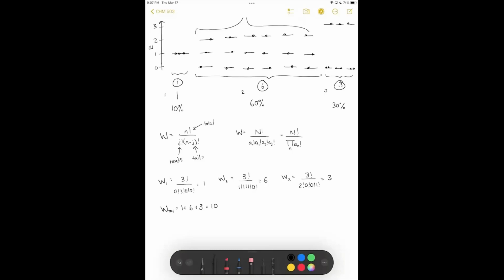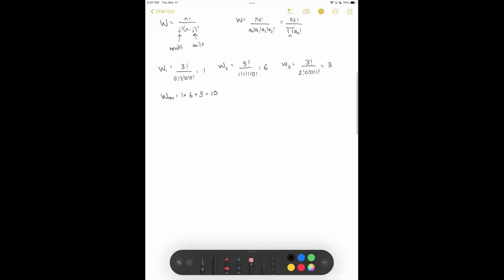How can we define the dominant distribution? What we need to do is simply find the peak of the probability distribution function. So our function would look something like this. Well, there will be a sharp peak, and that will be the dominant distribution, whatever has the largest weight.